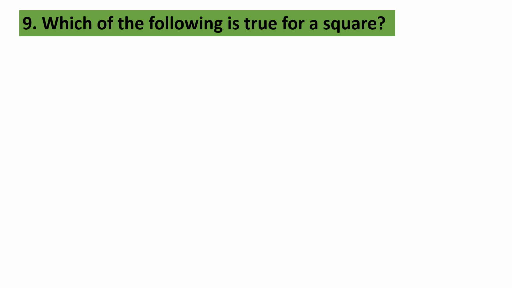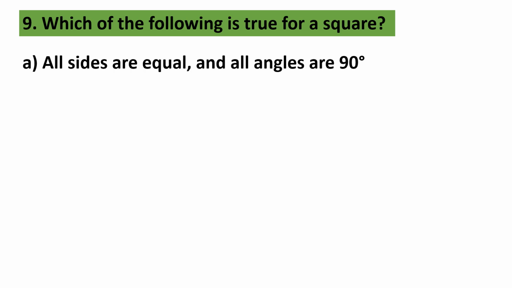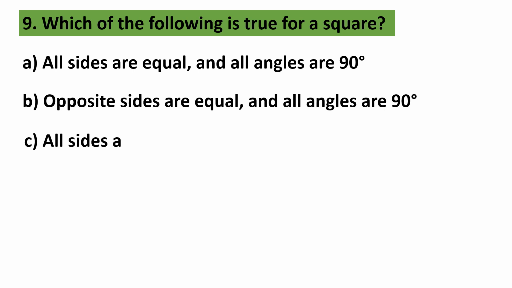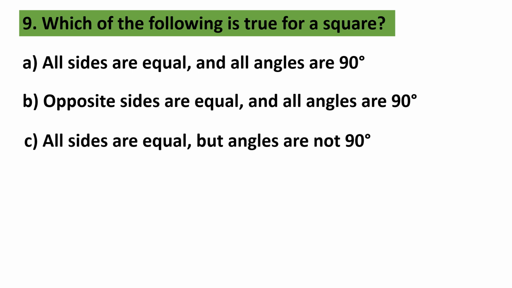And question number 9, which of the following is true for a square? A. All sides are equal and all angles are 90 degree. B. Opposite sides are equal and all angles are 90 degree. C. All sides are equal but angles are not 90 degree.